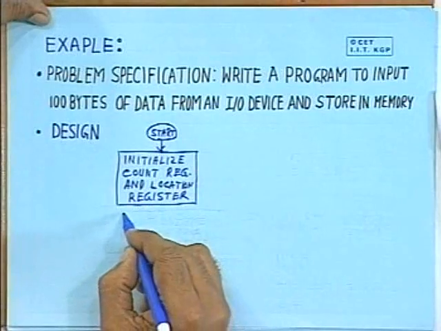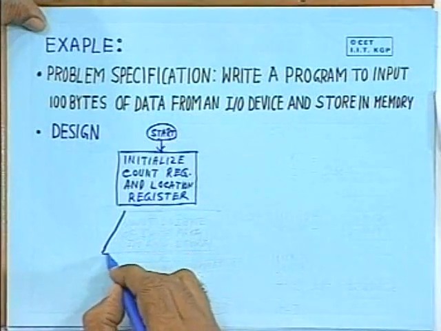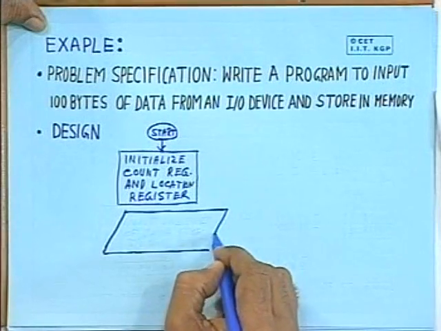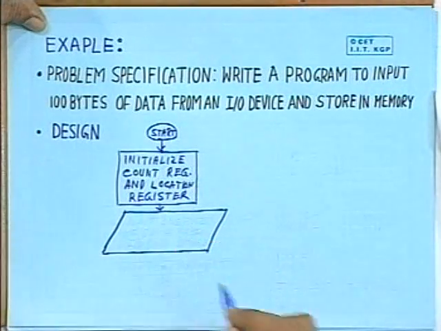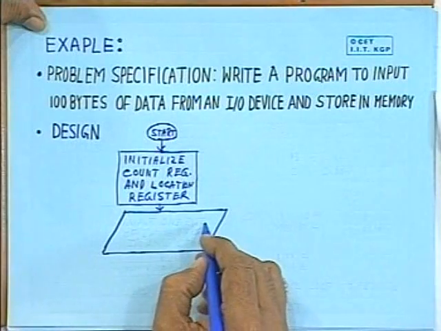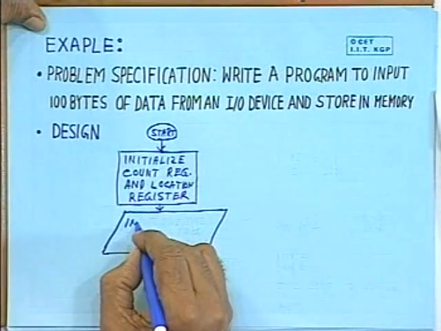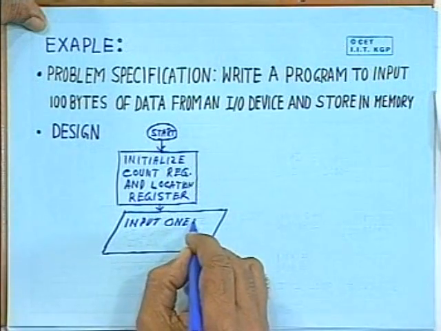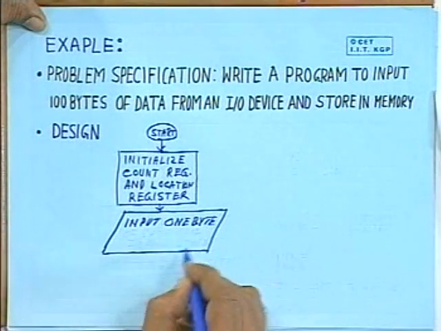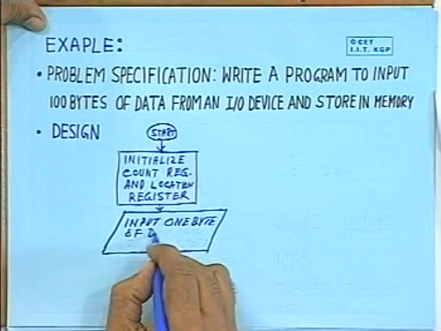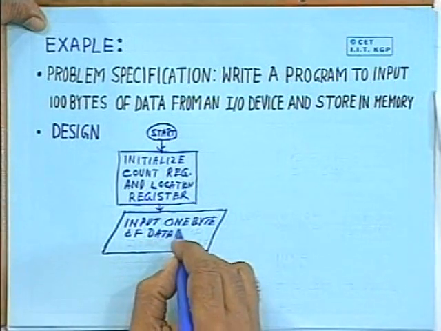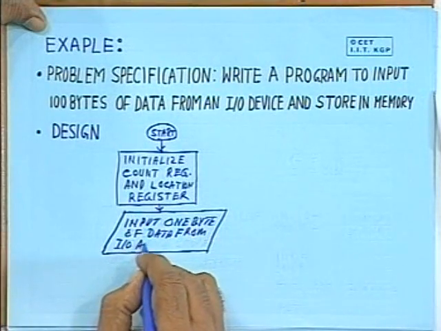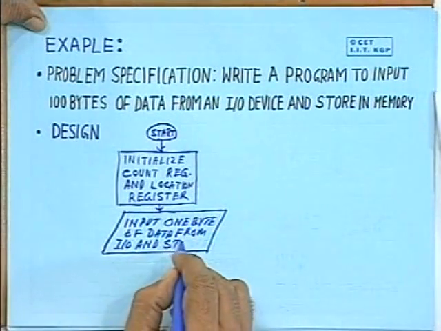After that, it does the inputting. So I am using a box which is essentially an input from the IO device: input 1 byte of data from IO and store.